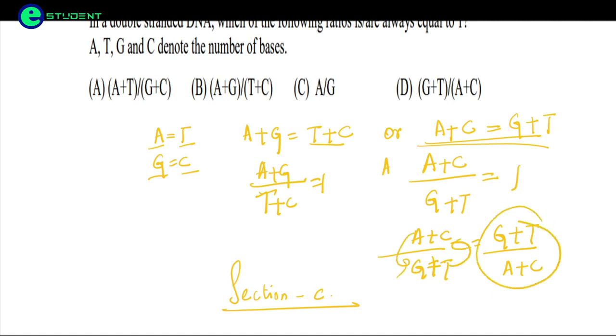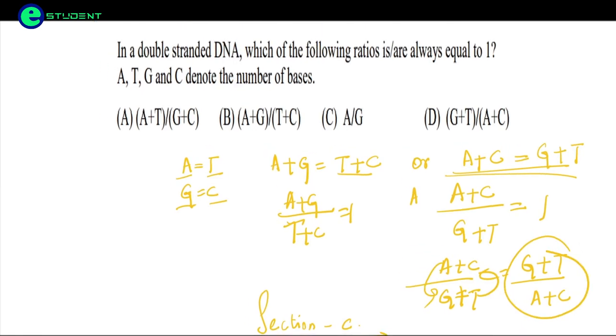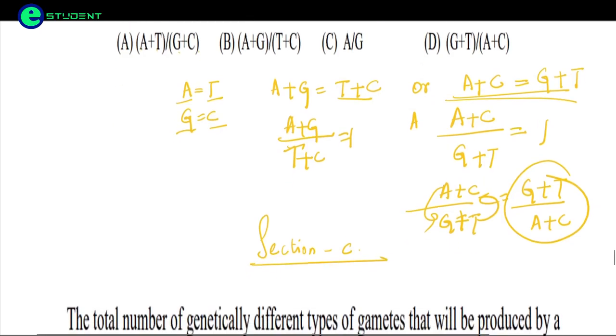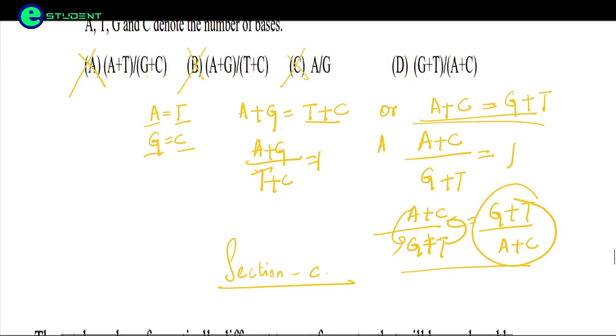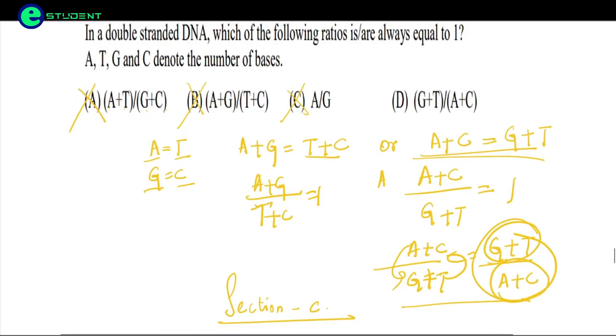Okay, so here you see A plus T by G plus C. Are we getting this combination here? So no, this is the wrong option. A plus G by T plus C. No, this is also not right. A by G. No. Here we are getting G plus T by A plus C. So yes, D is the correct option.